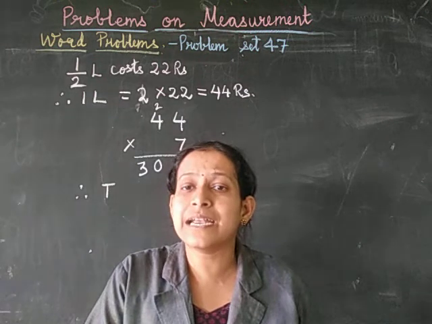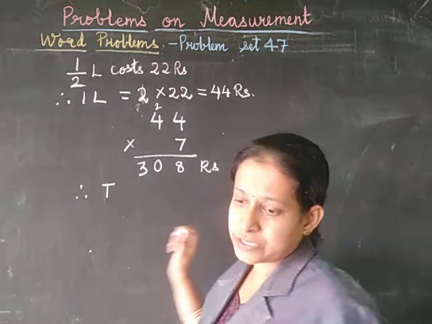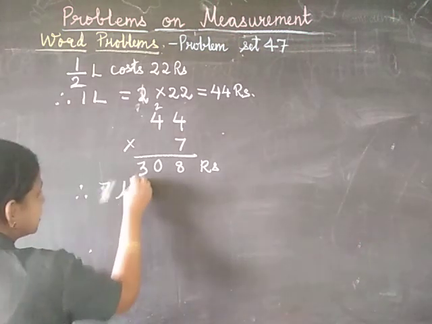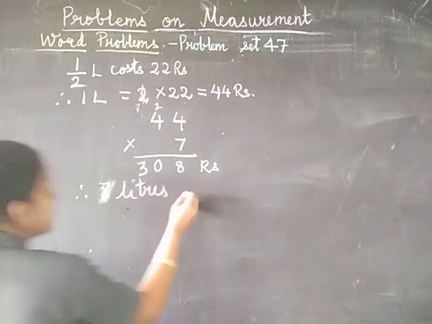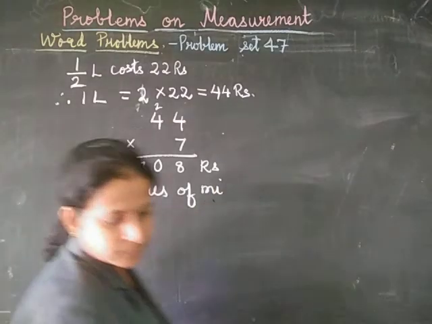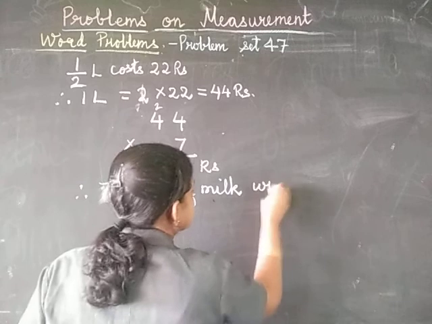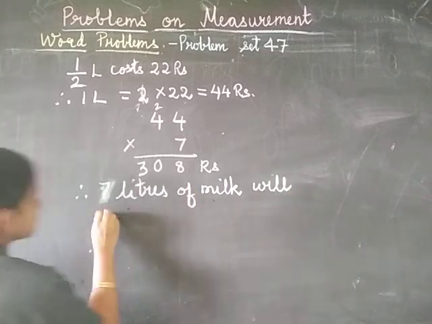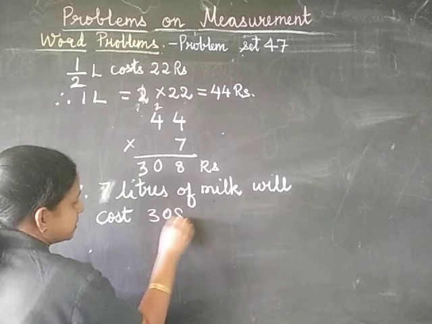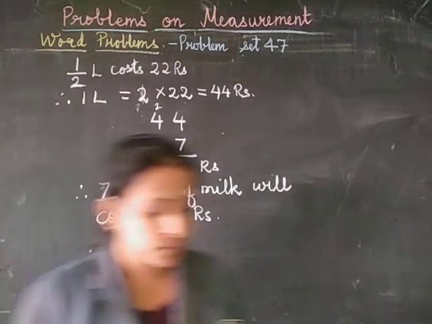So you will write, 7 liters of milk will cost 308 rupees. So this is regarding the fourth problem.